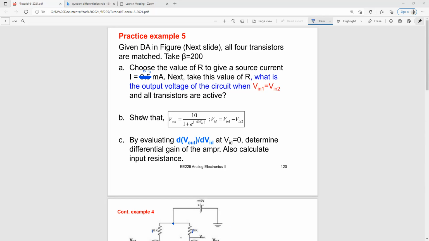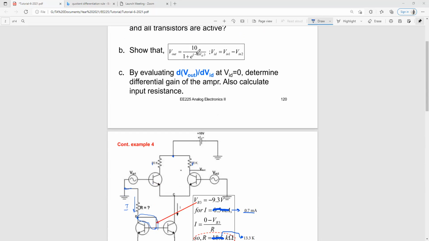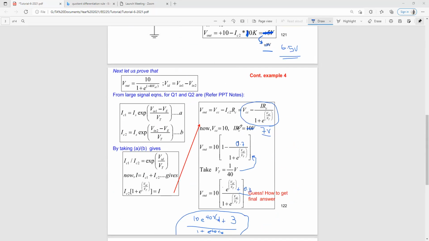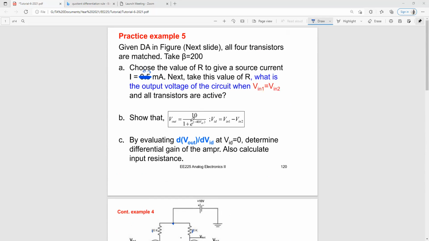So there was an error in this question. However, we'll ignore this and try to solve for V out. We'll write an equation for V out, because our I times RC value is going to be different. You might not be able to solve for this particular equation.